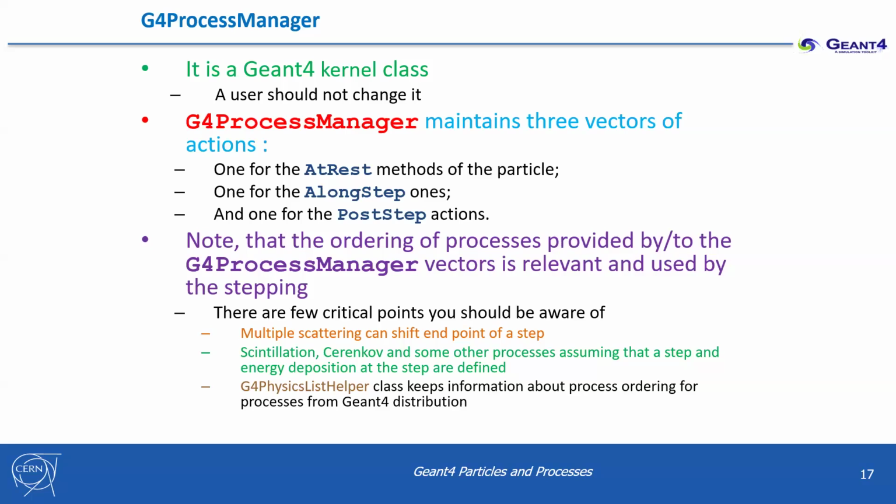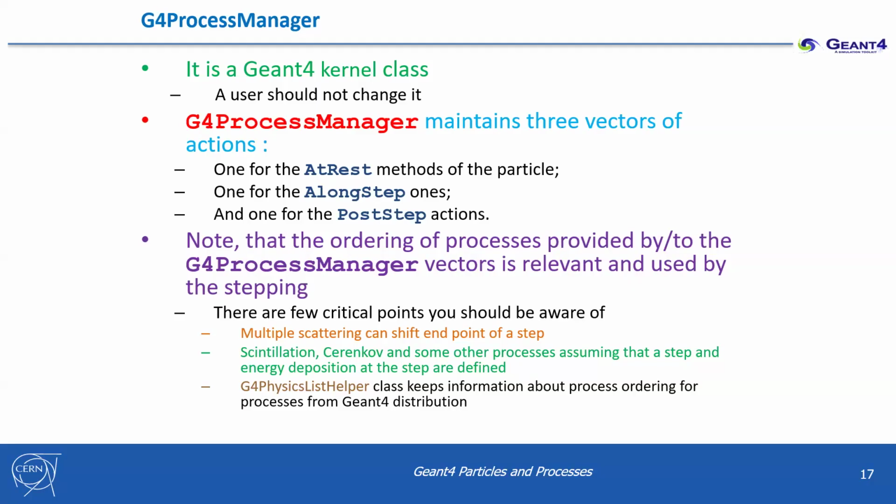Together with the ionization process, it was the base of the so-called condensed history approach, which allows making a macroscopic step for any particle and allows performant simulation. Basically, when we introduce ionization and multiple scattering, we introduce a possibility to do simulation faster.